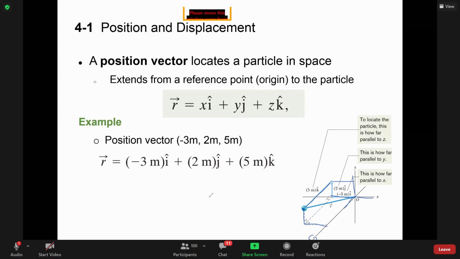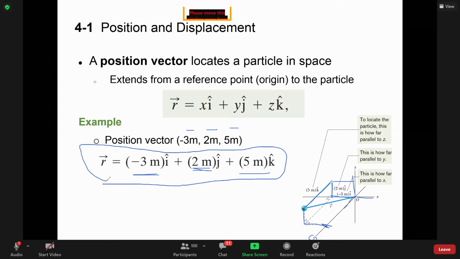The projection on the X is minus 3 units. It's along a negative X. Now I can utilize my unit vector notation to represent any particle in a space.